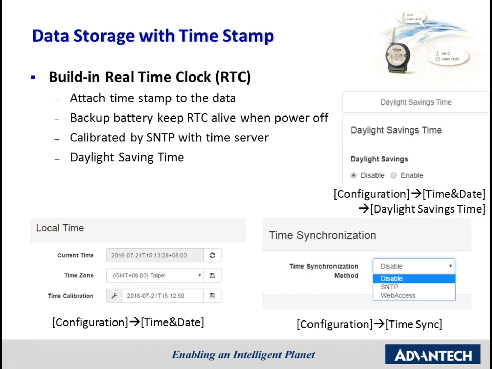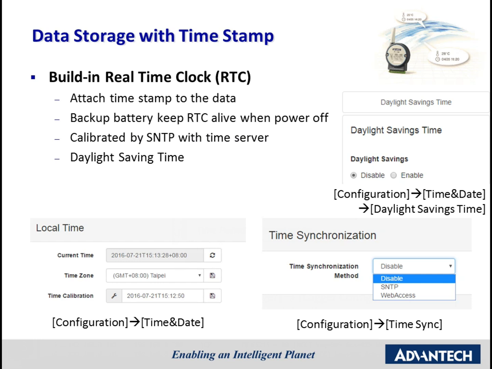The third feature is data storage with timestamp. Timestamp is an important feature for the data logger. There is a built-in real-time clock (RTC) in the WISE module. User can use it to trace data according to the timestamp.